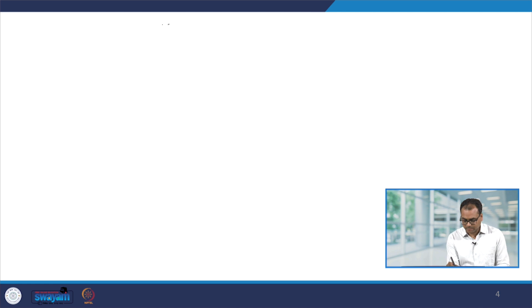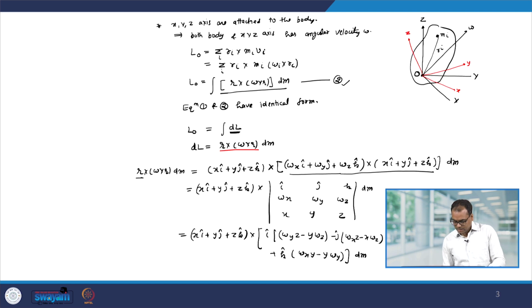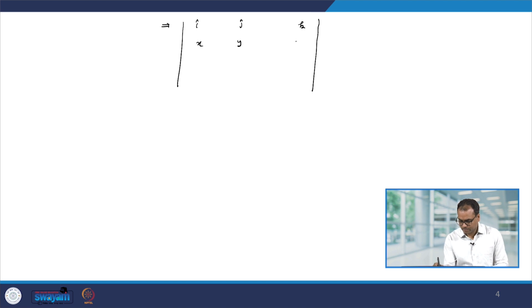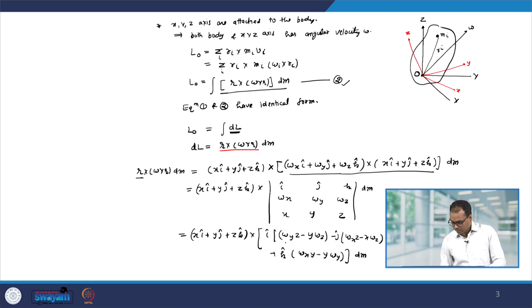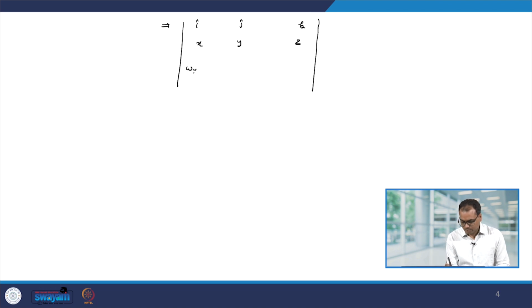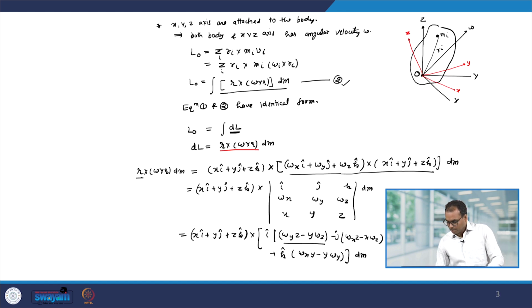So this becomes i, j and k, and we have x y z, and then we have the coefficient of i, j and k. So the first one is ω_y z − y ω_z, and then the coefficient of j is minus (ω_x z − x ω_z).